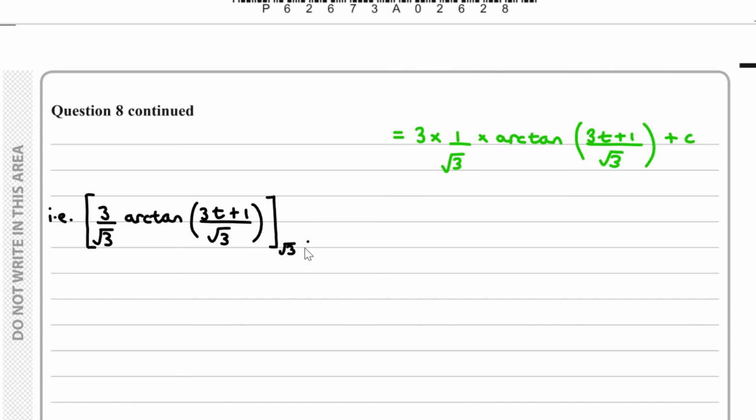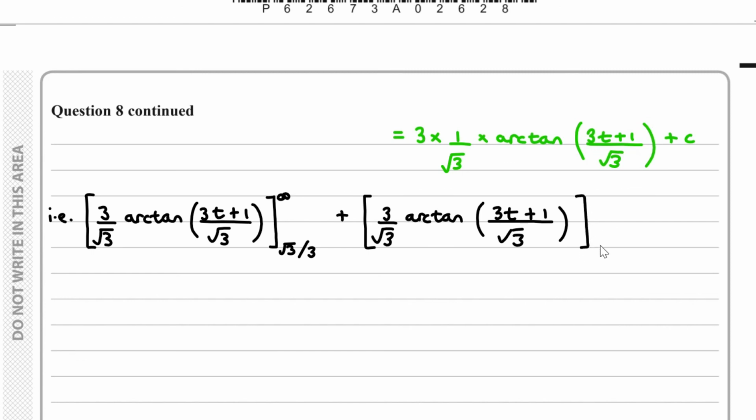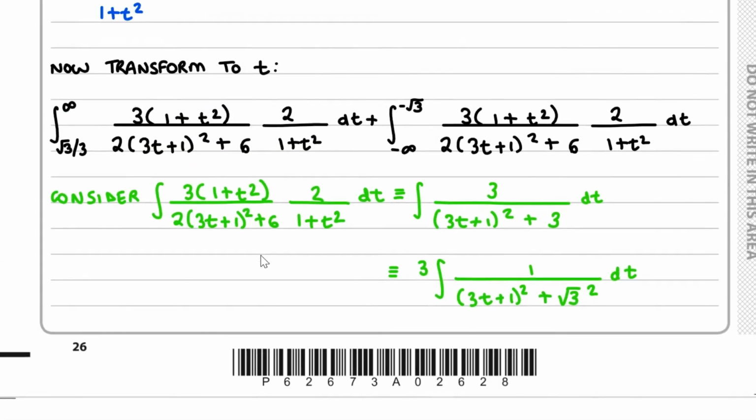So we've got root 3 over 3 to infinity, and then we add on, well, here we've got 3 over root 3 times by the arctangent of 3t plus 1 over root 3 from minus infinity up to minus root 3. So hopefully everything I've said so far makes sense.